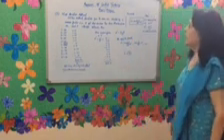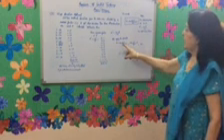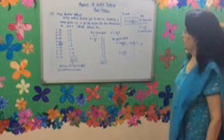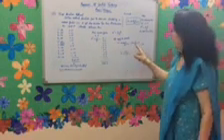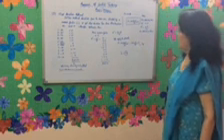Now again we apply the formula, D dash is X minus A upon C. Now for the mean, the formula is A plus sigma D dash upon N into C. Here the assumed mean is 35 plus sigma D dash is 10, the number of items is 10, multiplied by the common factor which is 5.